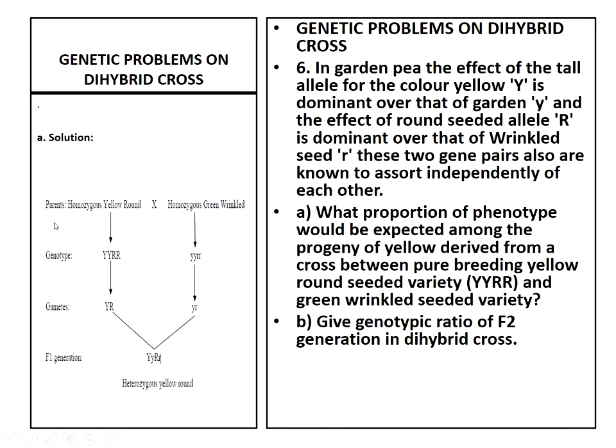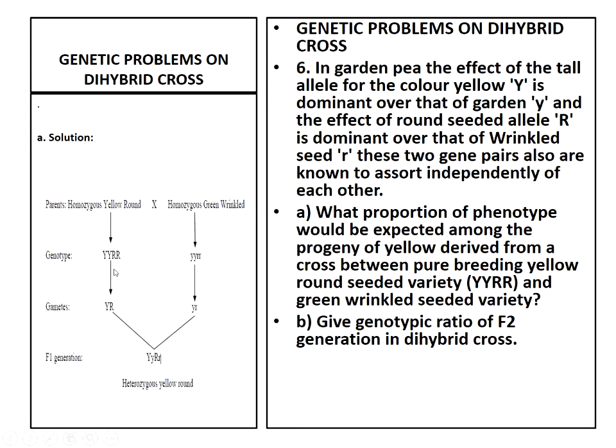First, let us write the parents, that is, homozygous yellow round is crossed with homozygous green wrinkled. So let us write the genotypes. For homozygous yellow round, we write the genotype as capital Y, capital Y, capital R, capital R, and small y, small y, small r, small r is the genotype of homozygous green wrinkled. Next, the gametes.